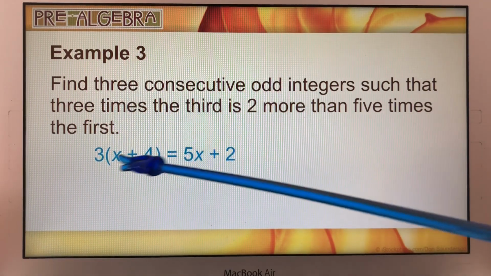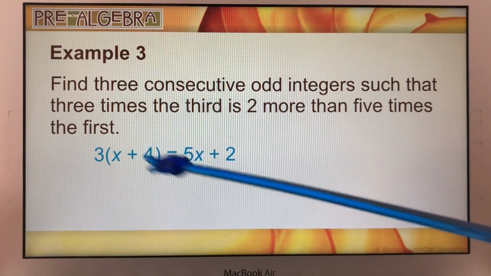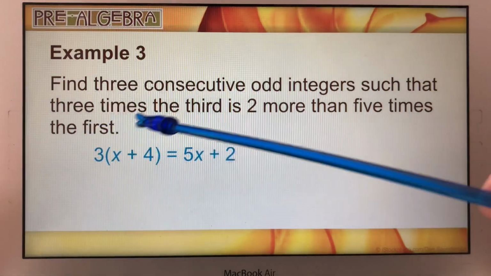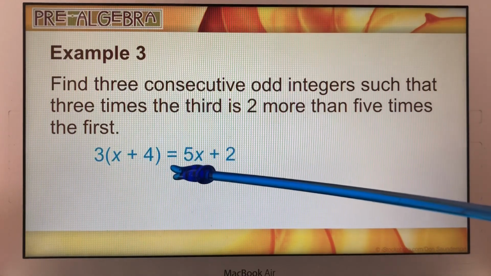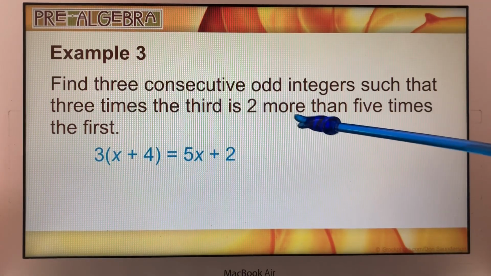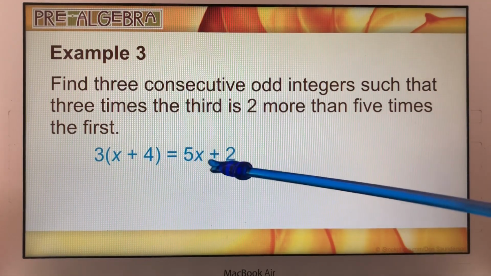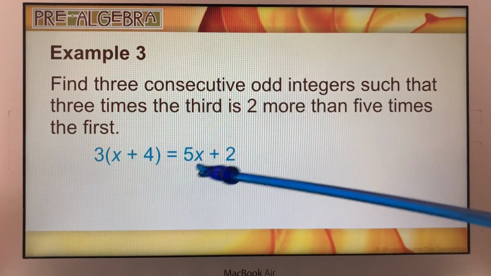My third consecutive odd integer was x plus 4. 3 times that is going to be 3 times the third. This equals 2 more than 5 times the first. So 2 plus 5 times the first. That's going to be 5x.